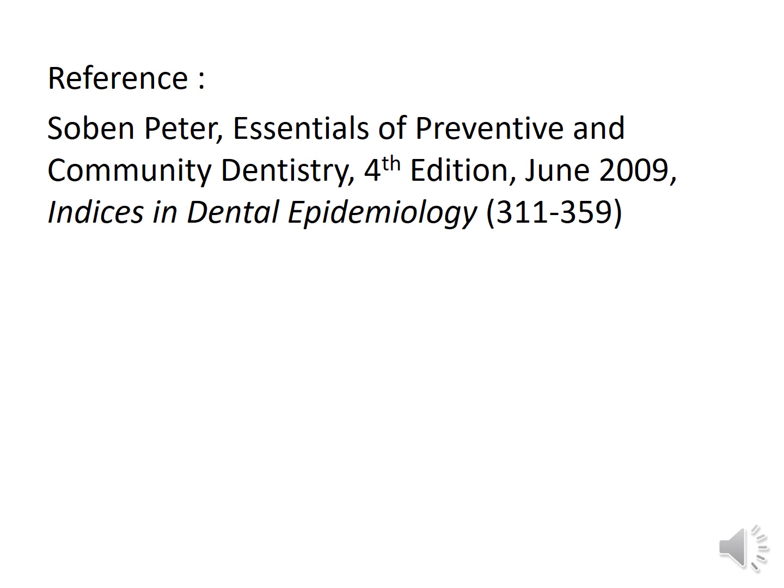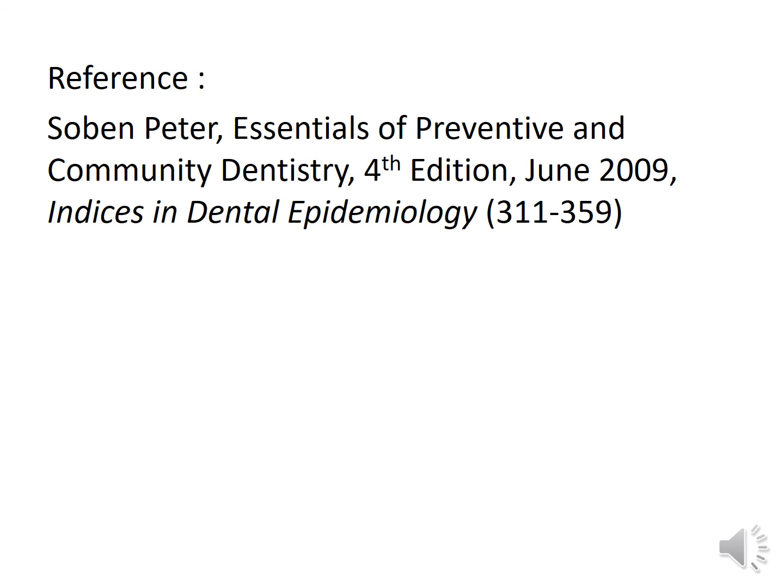I need you all to do an assessment with a reference book by Soben Peter, Essentials of Preventive and Community Dentistry. The fourth edition. The one that I have is the fourth edition, June 2009. The topic is Indices in Dental Epidemiology, page 313 to 359.